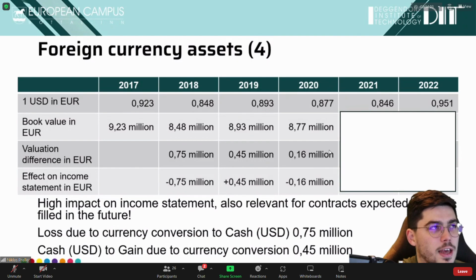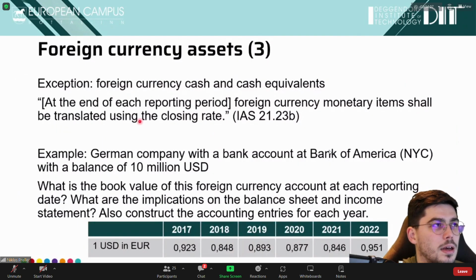And for cash and cash equivalents, we do that at each reporting date, at each closing, for the closing rate. For foreign currency monetary items. Okay, so keep that in mind, that there's a special case for real foreign currency.